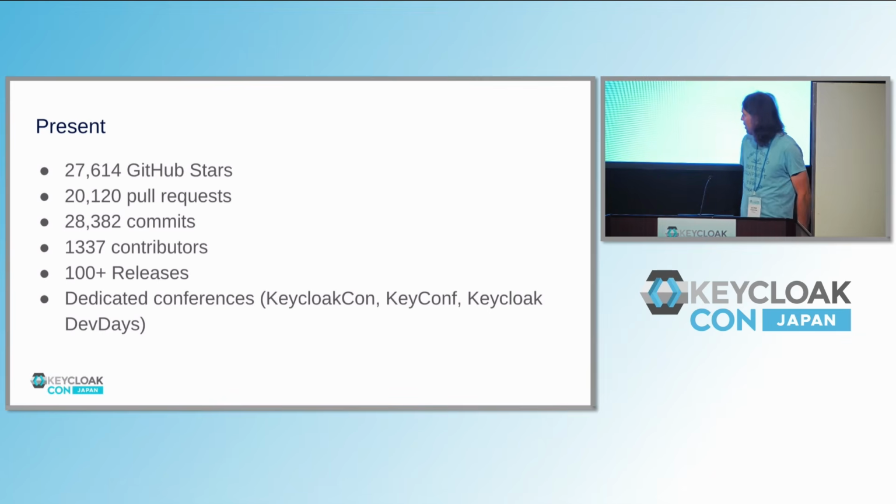And now some numbers on how Keycloak currently stands. There are more than 27,000 GitHub stars, more than 20,000 pull requests opened, and more than 28,000 commits, more than 1,300 different contributors to Keycloak, and more than 100 releases.